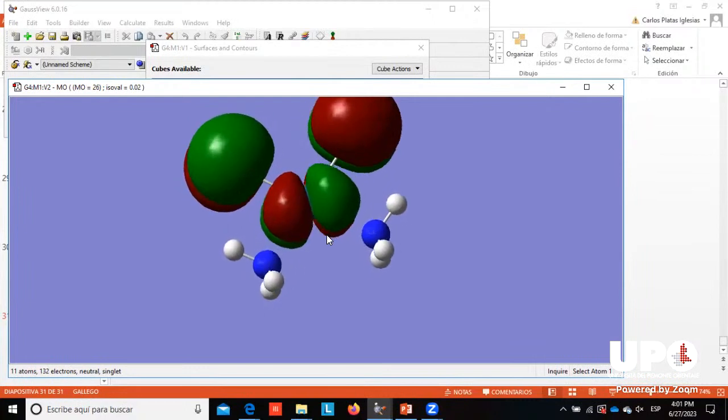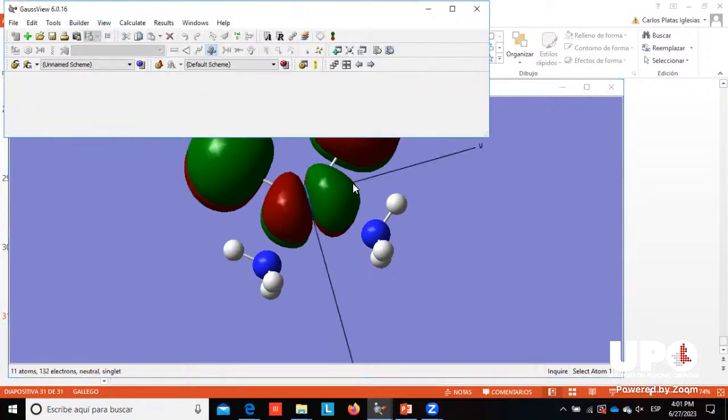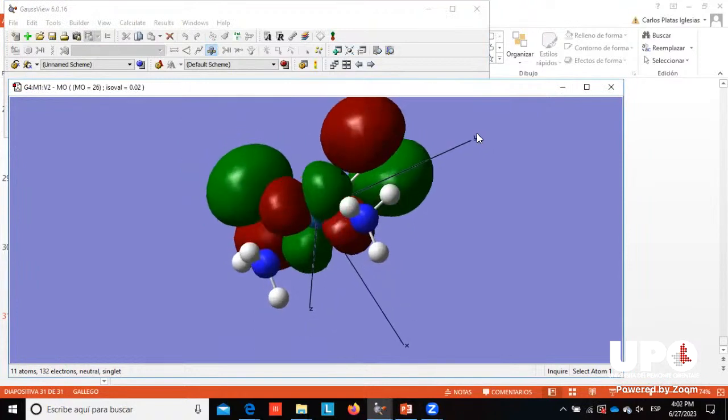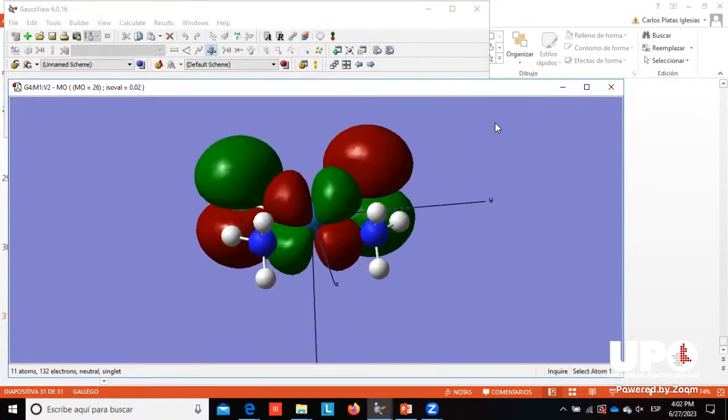So it should be dxy, dxz, or dyz, depending on our reference frame, right? Actually, we can also go to view, Cartesian axis, and add the Cartesian axis. So we see here our reference system, how it is. So this looks like a dxy orbital, at least to me.